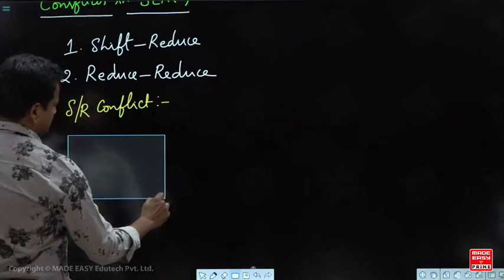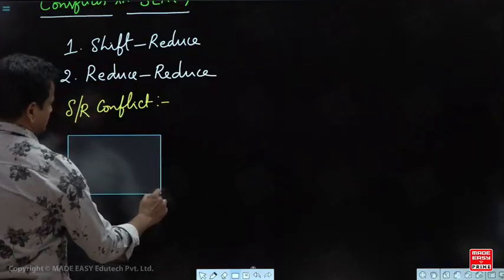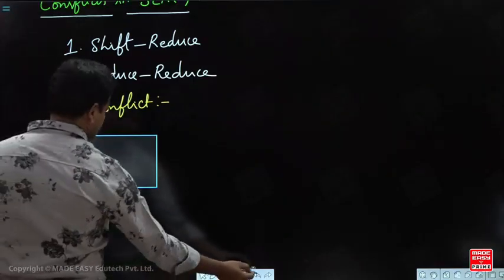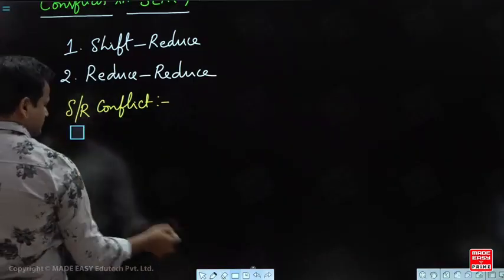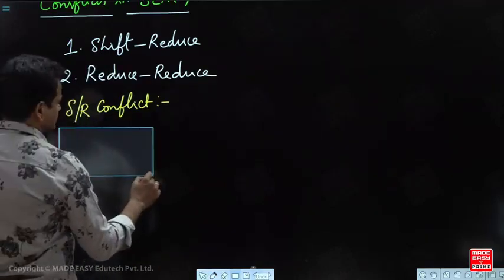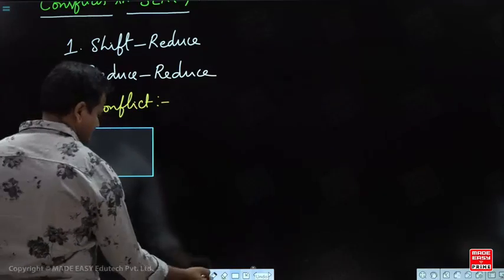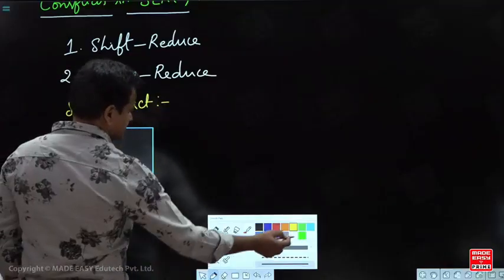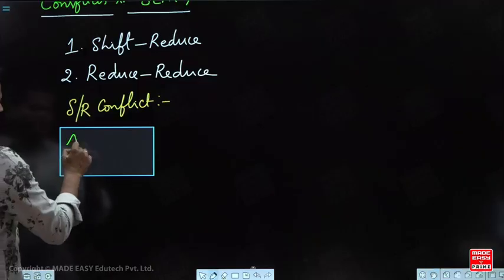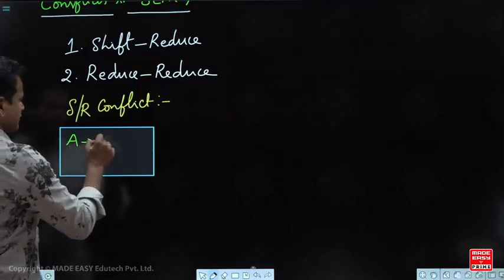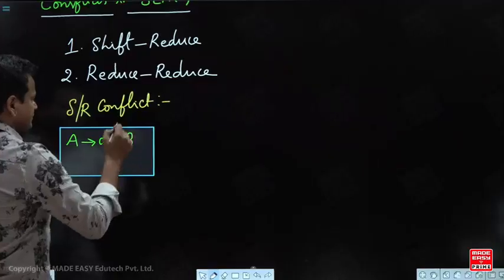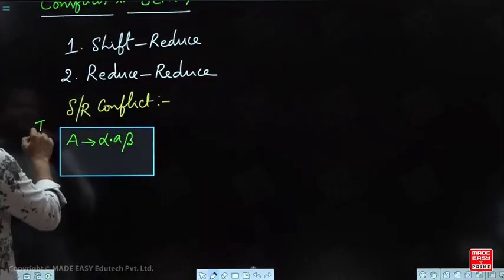Suppose we have a state like this: A goes to alpha dot a beta, in some state, let it be Ii.